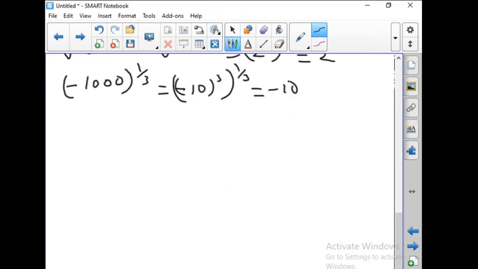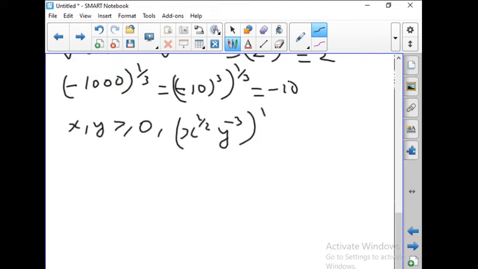Now, also you note that if x, y is greater than or equal to 0, then x power 1 by 2 into y power minus 3, the whole power 1 by 2, can be written as x power 1 by 4 into y power minus 3 by 2.